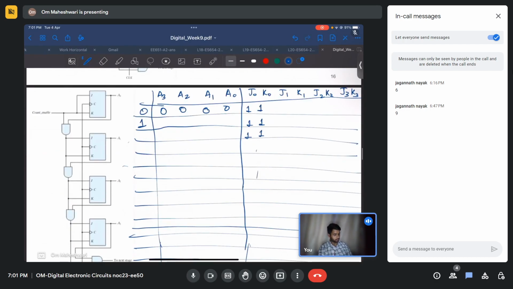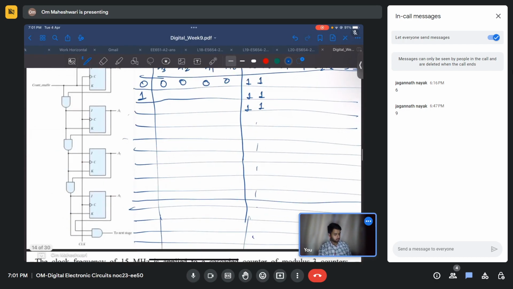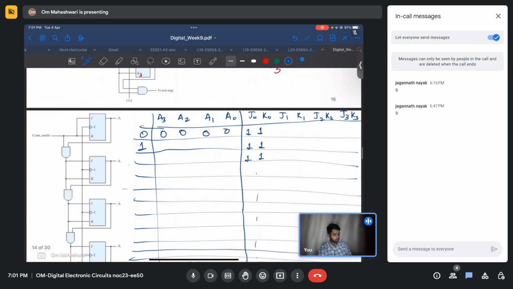So this will always keep on flipping. A0 will flip.